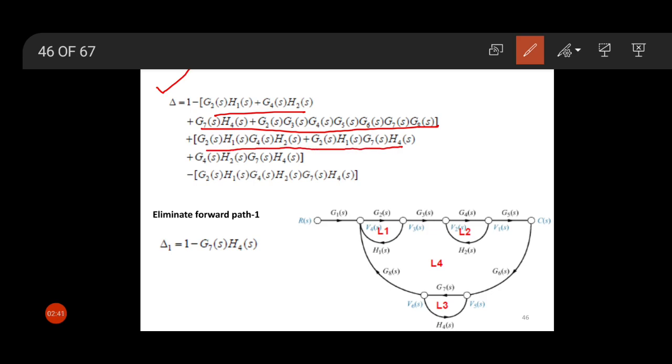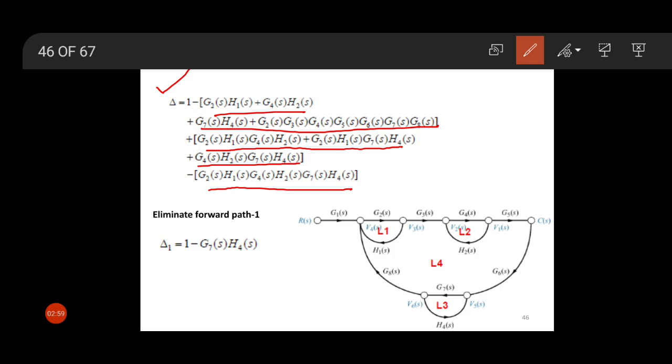There are 3 combinations of two non-touching loops. Then minus the sum of the gain products of all possible combinations of 3 non-touching loops. There is 1 combination of 3 non-touching loops. In this way we express the del.